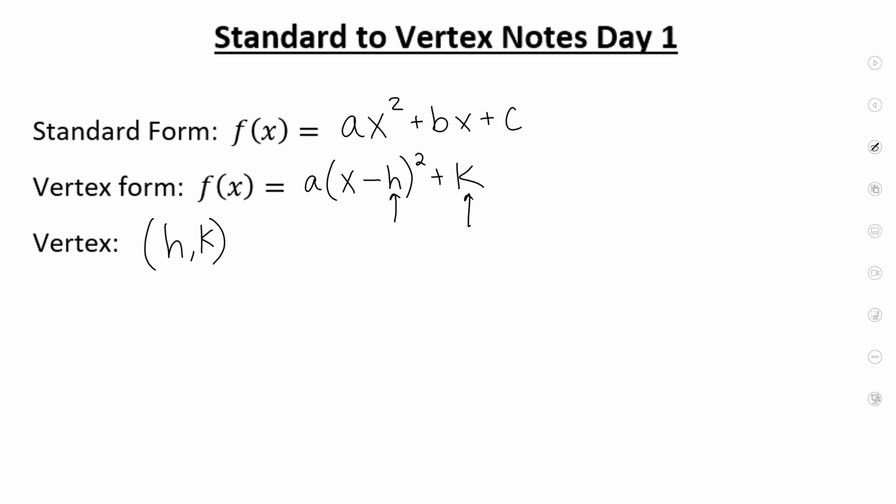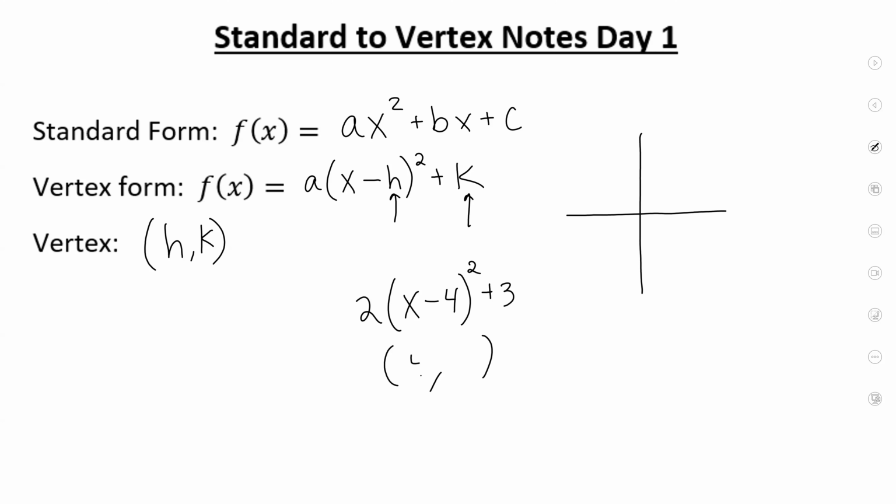Now, the reason why we're learning how to do this is because if you put something in vertex form, you could easily graph it. So let's just say, for example, my equation was 2(x minus 4) squared plus 3. Let's say it's in vertex form and it looks like that. What would my vertex be? 4, 3.